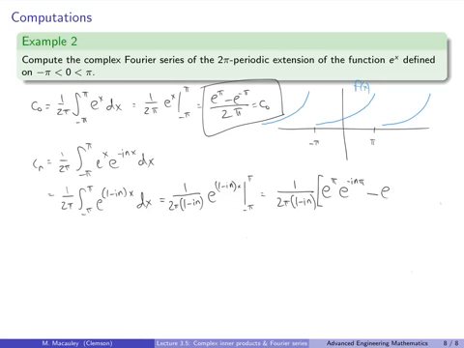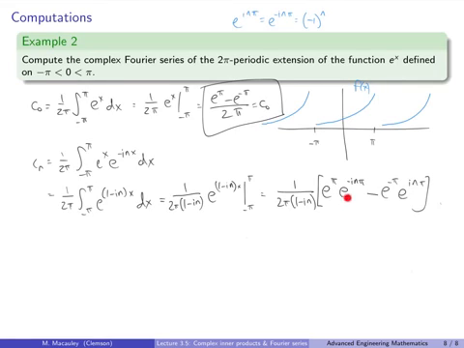So this is e to the negative pi times e to the negative i n x, and we're plugging in negative pi, so we get positive i n pi. Remember that e to the i n pi is e to the negative i n pi, which is negative 1 to the n.